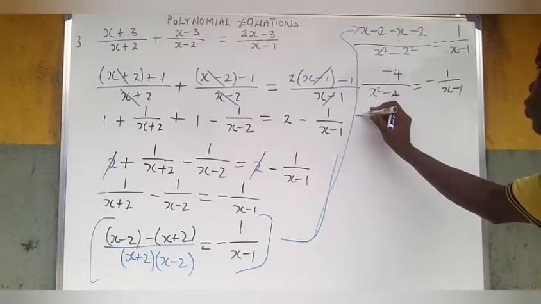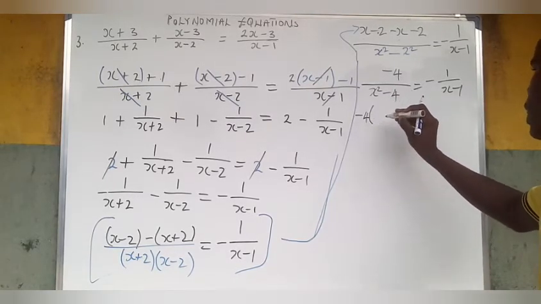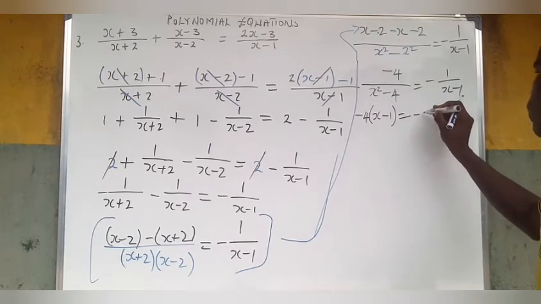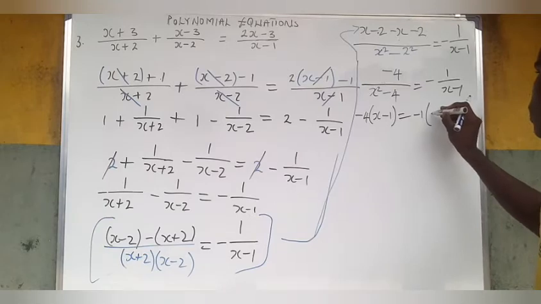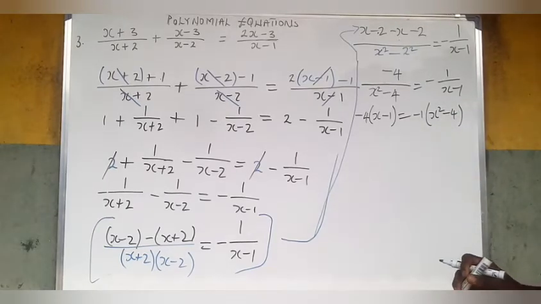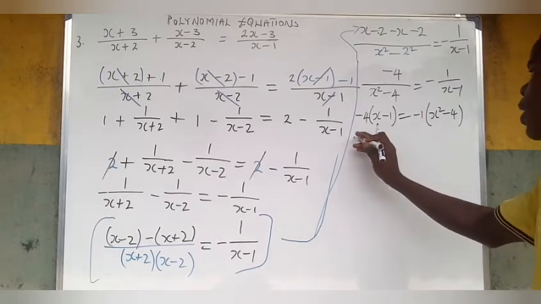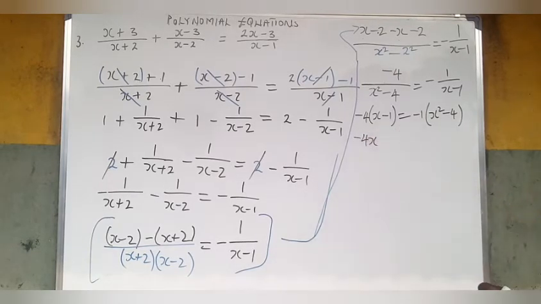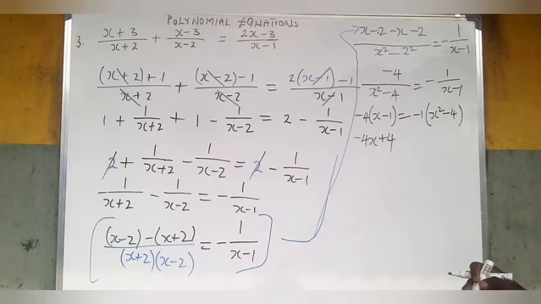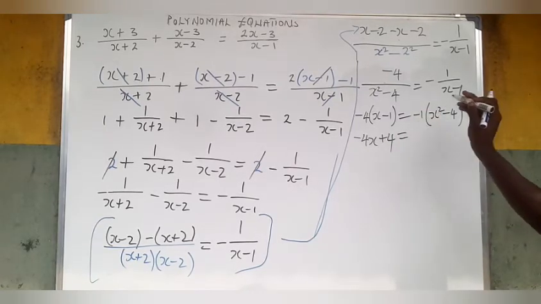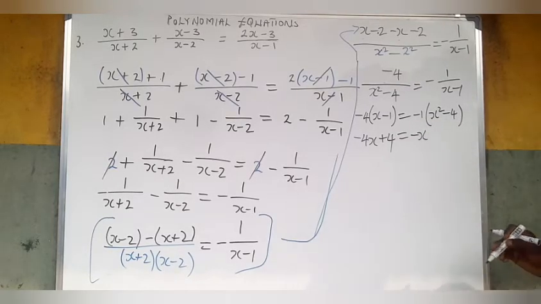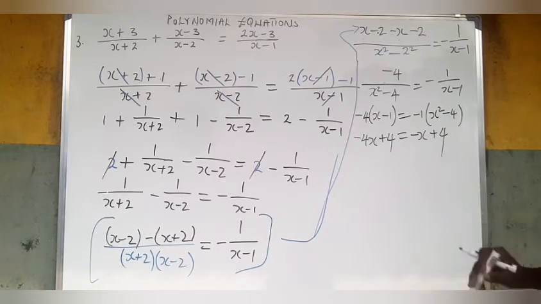By cross multiplication, we have negative 4 times x minus 1, which equals negative 1 times x squared minus 4. Expand this, we have minus 4x plus 4 equals negative 1 times x squared, which is negative x squared. Negative 1 times negative 4 is positive 4.